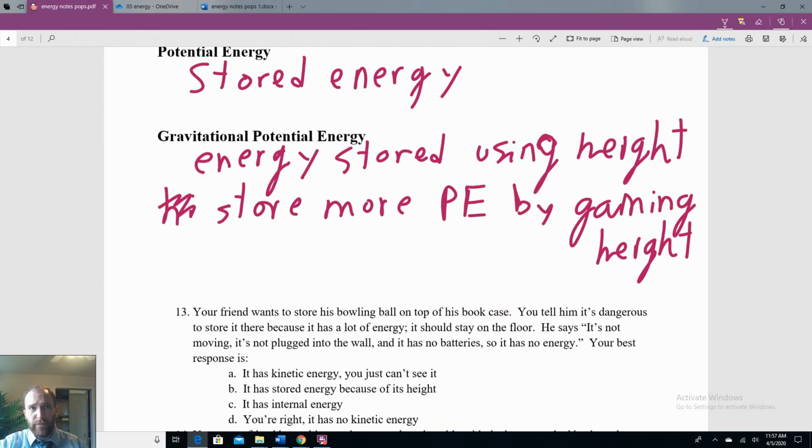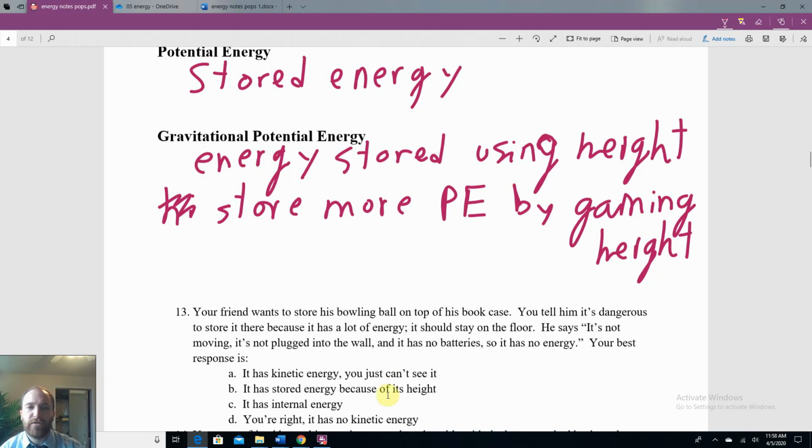If you put an object twice as high, it has twice as much potential energy. So the higher and higher and higher it goes, the more energy you store in it. And you can release that energy by letting go of it. And so it'll fall, or maybe if it's like a car or something, it could roll down a hill. So again, you're just storing energy in this form using height. And it's energy that can be released if you let go of it.